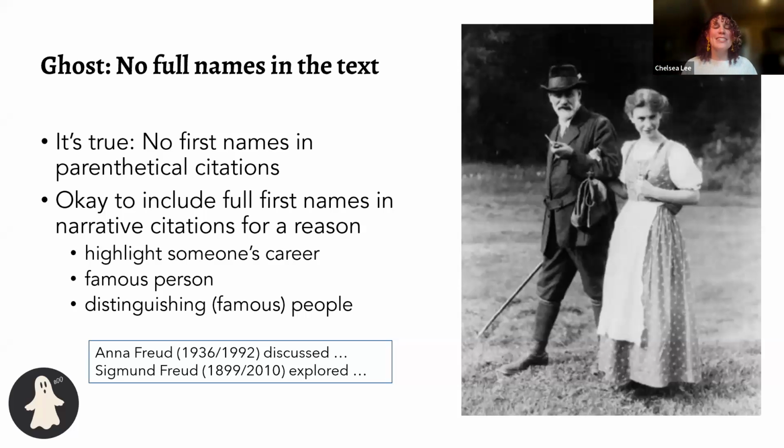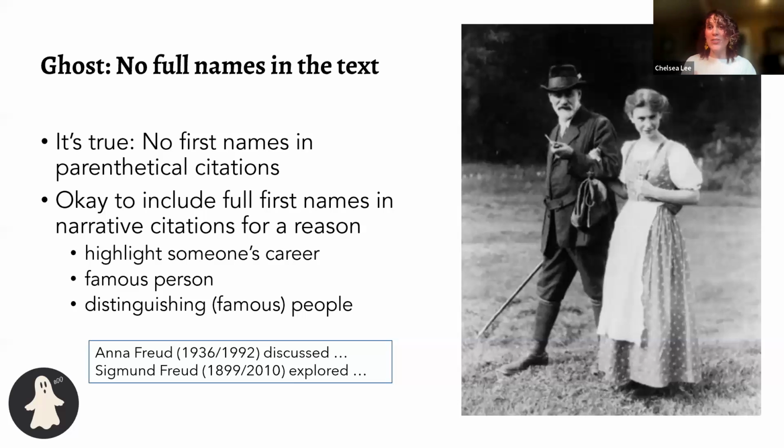And some of the reasons might be to highlight someone's career. Say you're talking about a famous scientist, like Carl Rogers or Stanley Milgram, you can put their whole name in there. Maybe you're distinguishing famous people. So here, this is a photograph of Sigmund Freud with his daughter, Anna Freud.